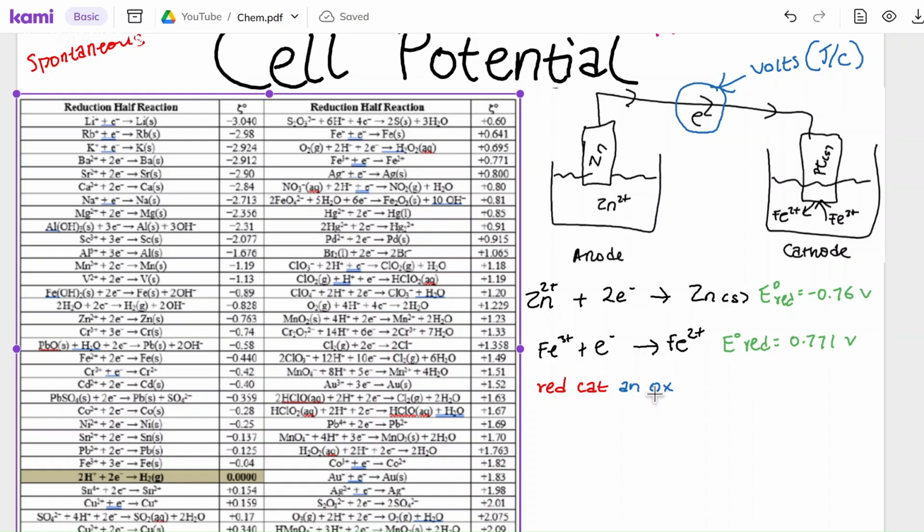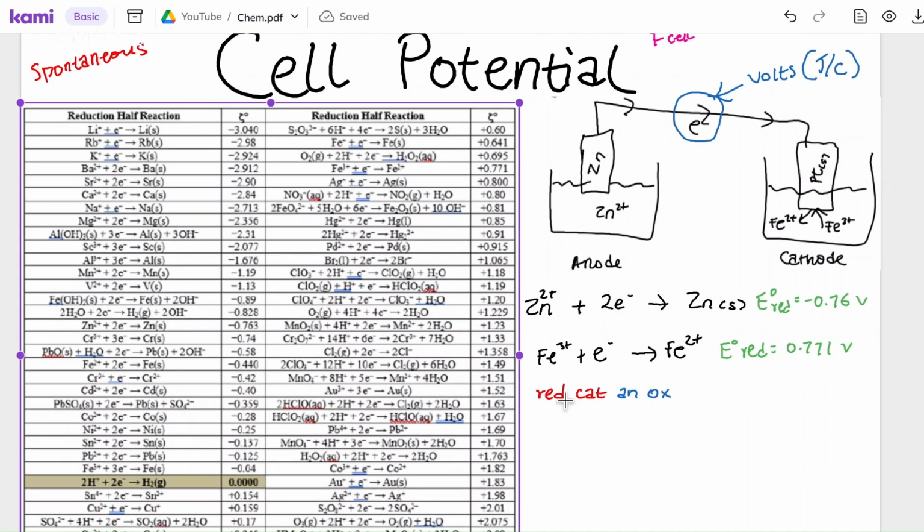And why I wrote this down here is that this is a common theme. As you can see, the zinc is in the anode while the iron is in the cathode. There's a saying that helps you remember this: RED CAT and AN OX.